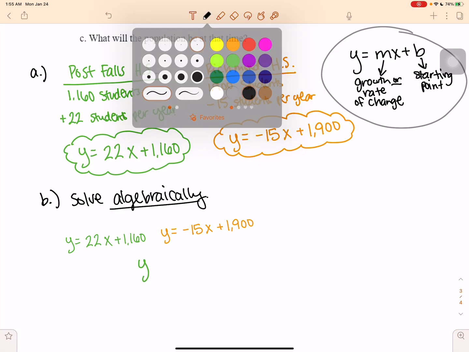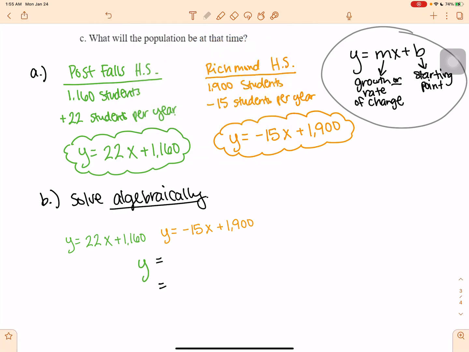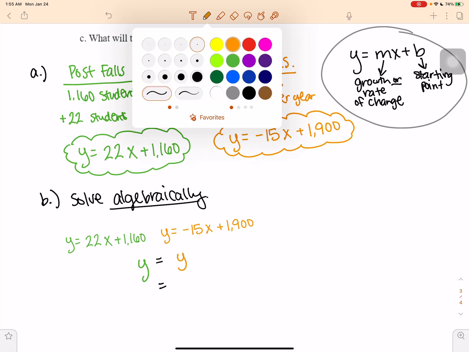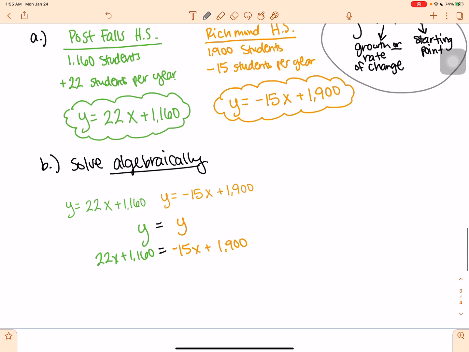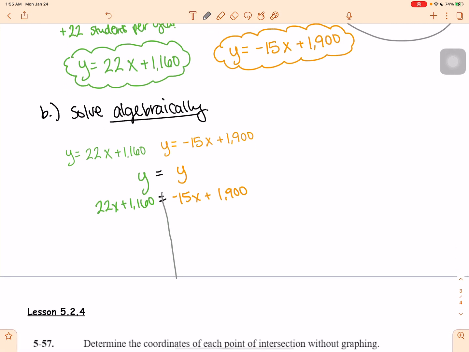So y equals y. Okay. Then we take each of the equations. So the green y is 22x plus, and I'm writing way too big, 22x plus 1,160 equals the orange y's equation, negative 15x plus 1,900. Now, this is an equation where you can solve for x.